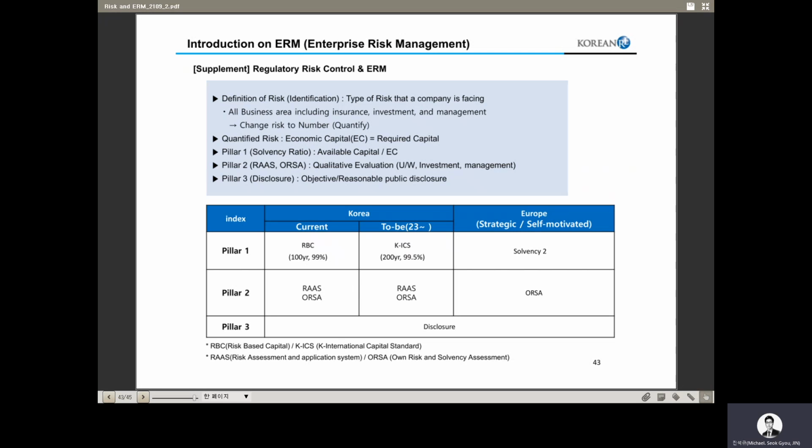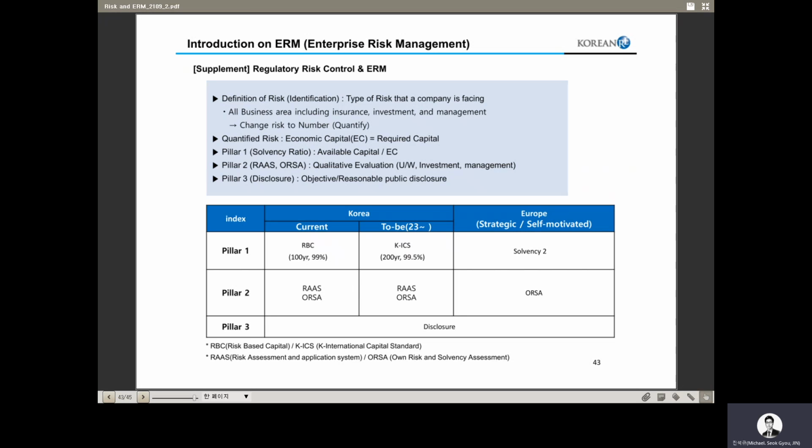There are three pillars to control all these processes. The first one is the solvency ratio. This is a quantified risk, and all of these quantified numbers and the risk and available capital are controlled on the solvency ratio regimes. And pillar two, we call it RAS and OSA.